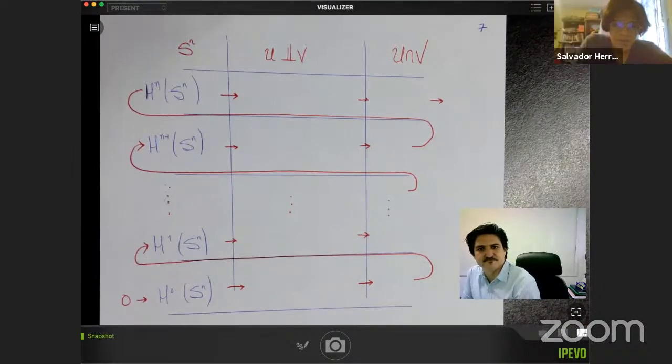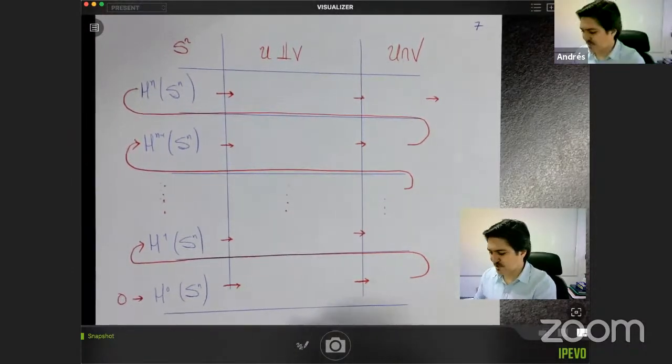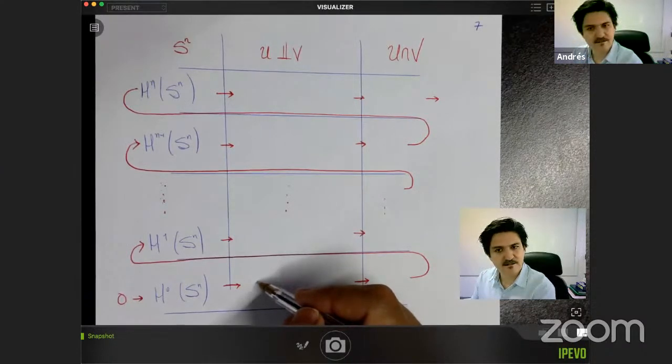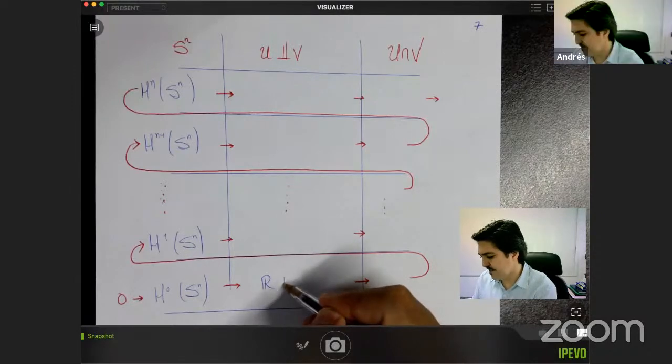We're going to have a lot of zeros in the middle, except for the first one. Be more precise. So here, what? R, and R. Okay.